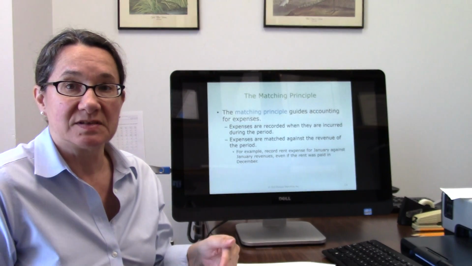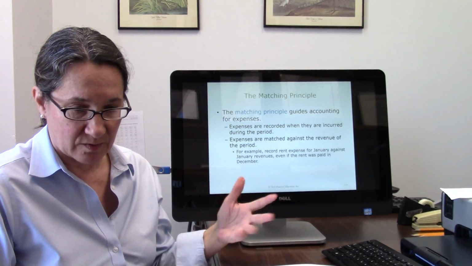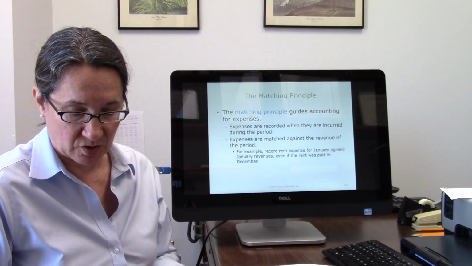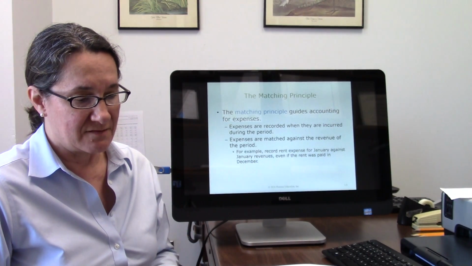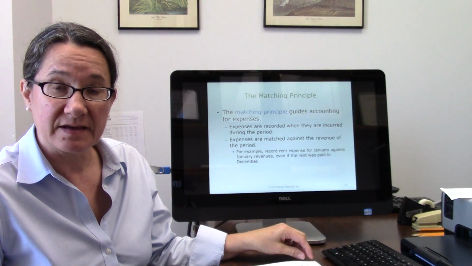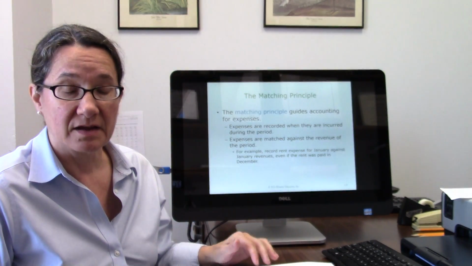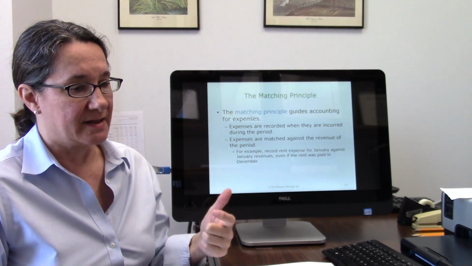So the matching principle is simply saying we have to match up our expenses with when the revenue is occurring. So even though we didn't get any cash, or maybe we didn't pay the expense, we're matching it to the proper period, right?